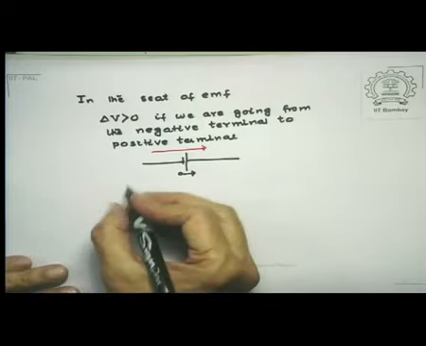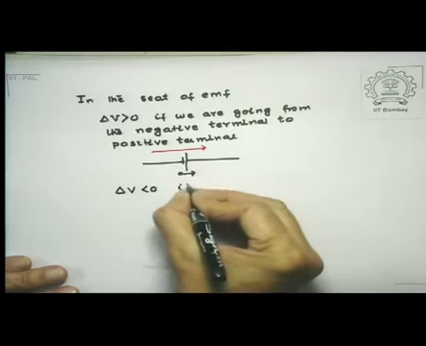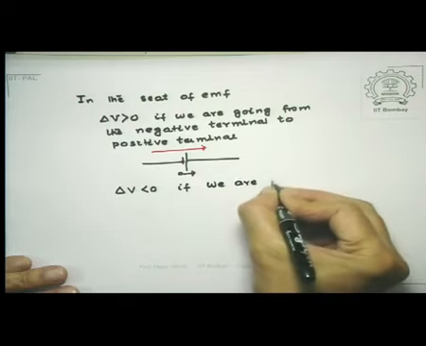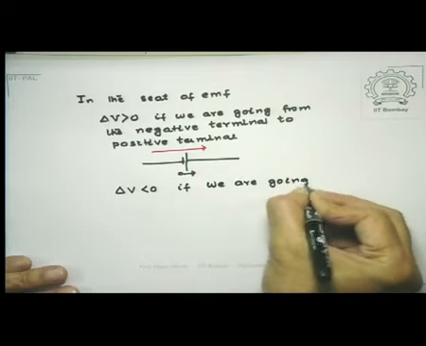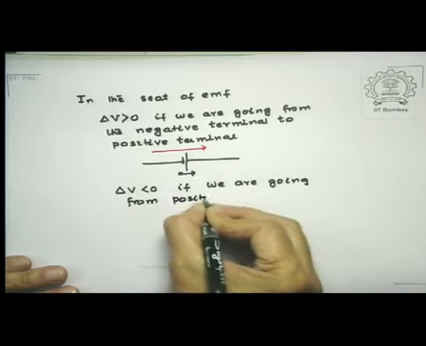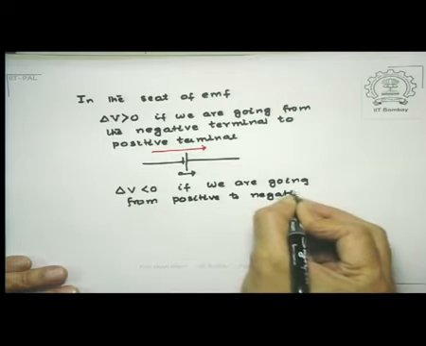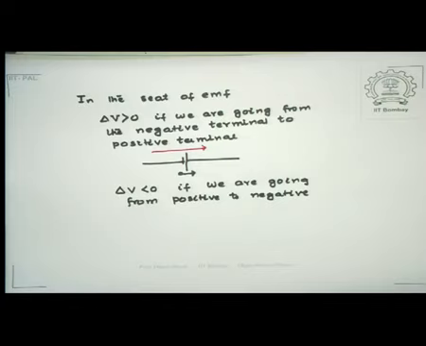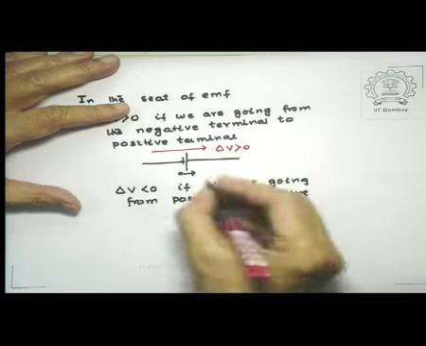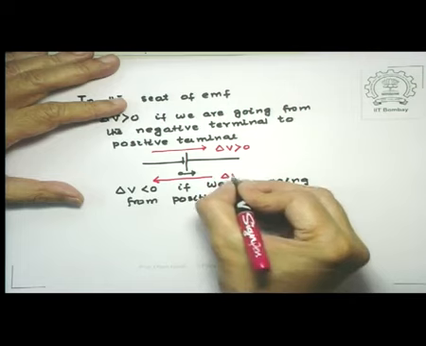And the reverse would be true if you are traveling in the reverse direction, from positive to negative. Let me put it in the same picture. So this is greater than 0. If on the other hand we are going like this, then this delta V is less than 0.